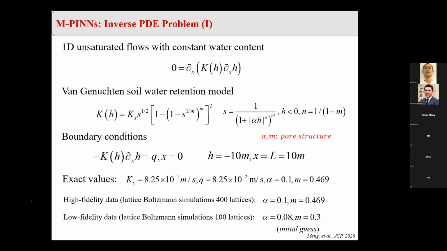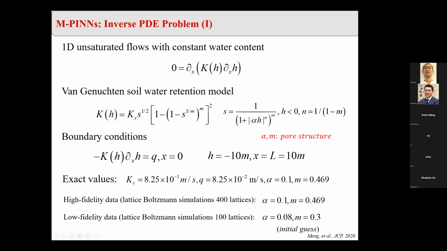For example, in this case, this is the exact value for alpha and M. We don't know the exact value, but we can know the range for alpha and M. So we can just pick a value in the range for alpha and M, which is just here. And once we have the initial guess for alpha and M, we can solve this equation to generate low fidelity data on H.